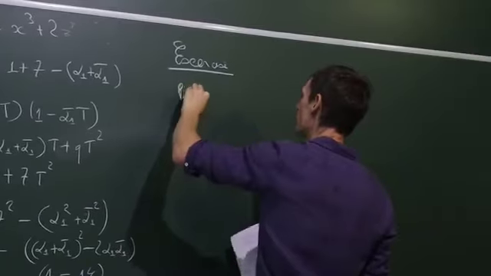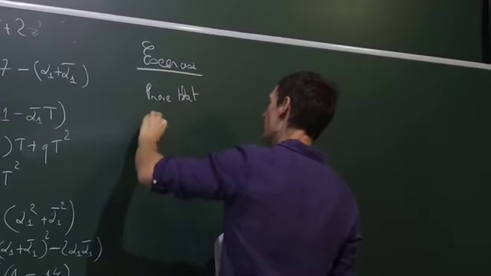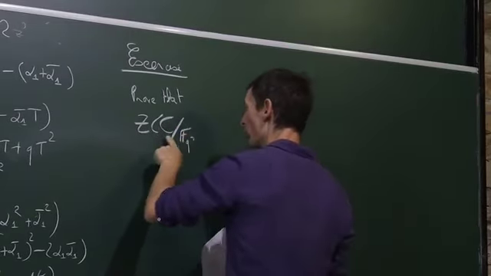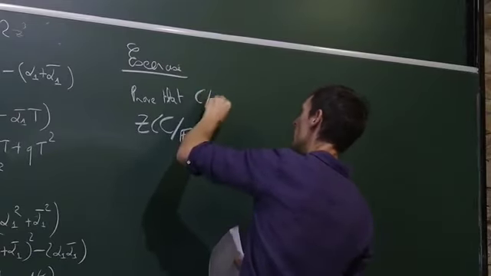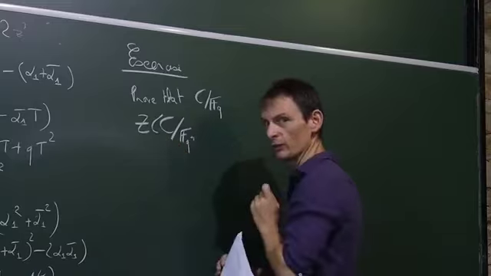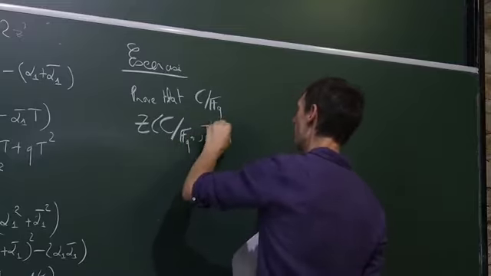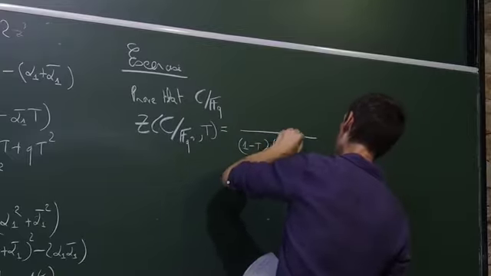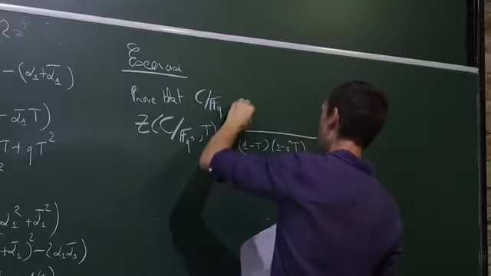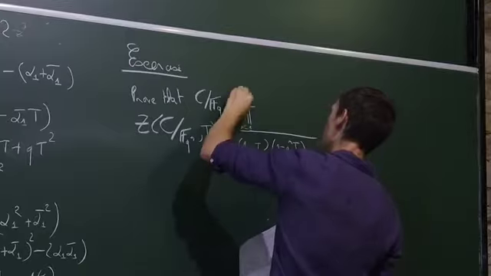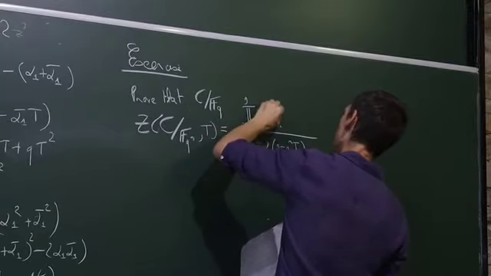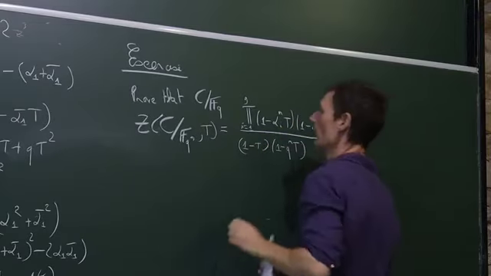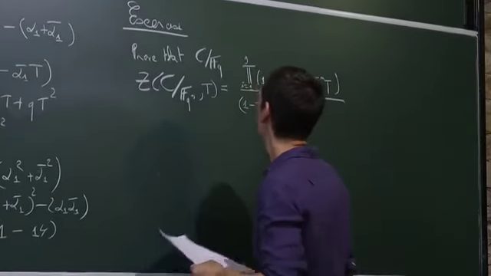Prove that the zeta function of C over F_{q^n}, where C is a curve defined over F_q, and now you would like to see the zeta function of the curve seen over an extension of degree n in T, is going to be, so 1 minus T, 1 minus q^n T. And here what you have to do is replace the numerator by the product from i equals 1 to g of (1 minus alpha i^n T)(1 minus alpha i bar^n T). I leave it to you as an exercise.